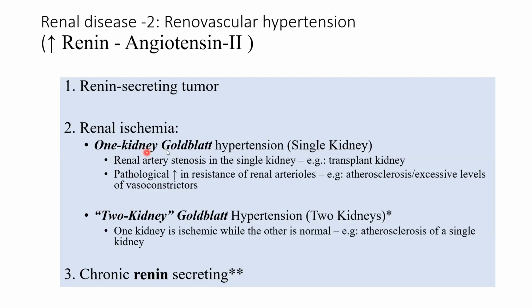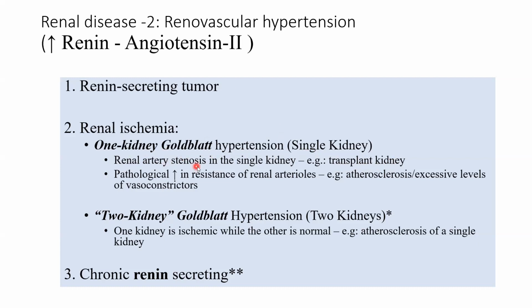Simply put, this scenario is mostly in transplanted kidneys, or scenarios where the person has somehow lost one of his kidneys and is just working on one kidney. So single kidney. The person has a single kidney. Remember that. And in that single kidney, through various scenarios, it can be anything really, but it has to be vascular. In this single kidney, you have somehow managed to decrease the flow of blood into the kidney.